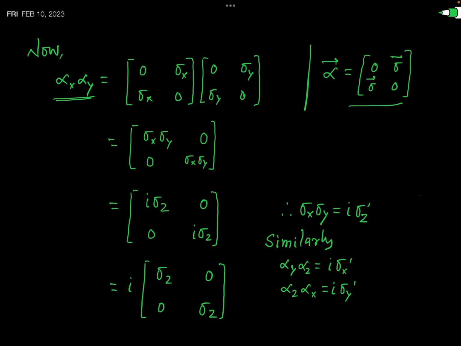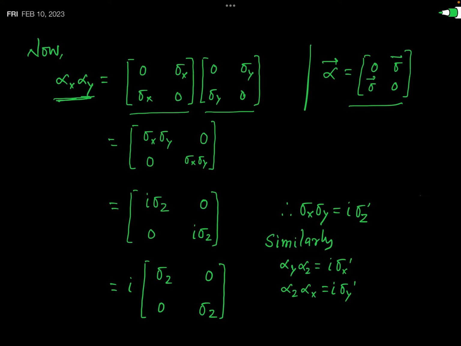So here I have defined the components of alpha. And if you want to define the components of alpha, which you have learnt in the previous lecture, then you can write in the place of alpha: alpha x is 0 sigma x, sigma x 0, and alpha y will be 0 sigma y, sigma y 0 matrices.